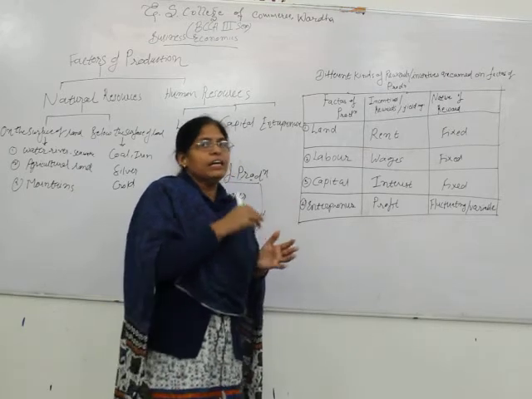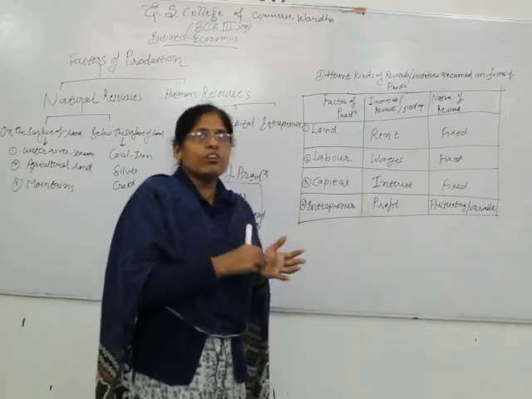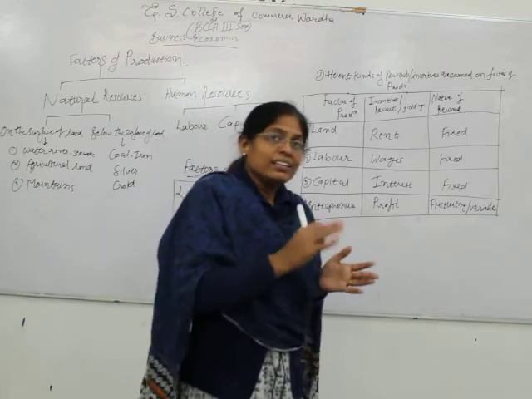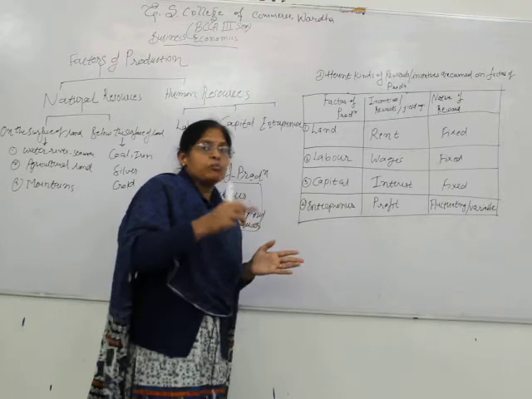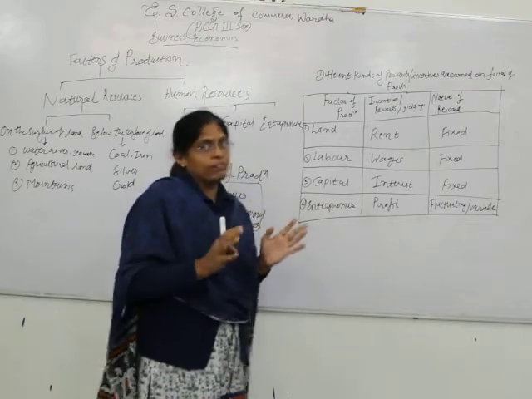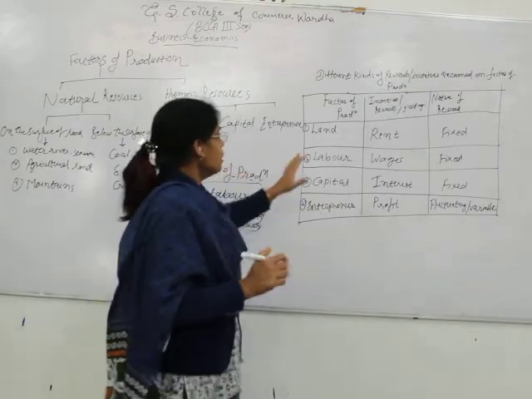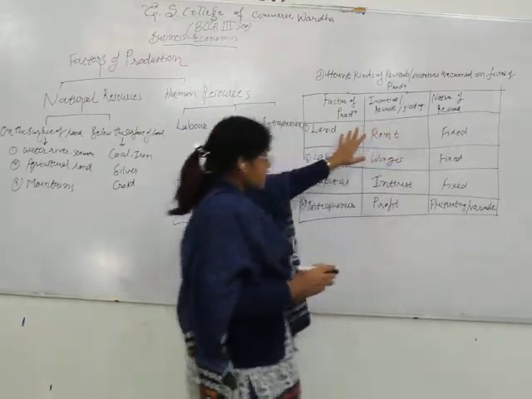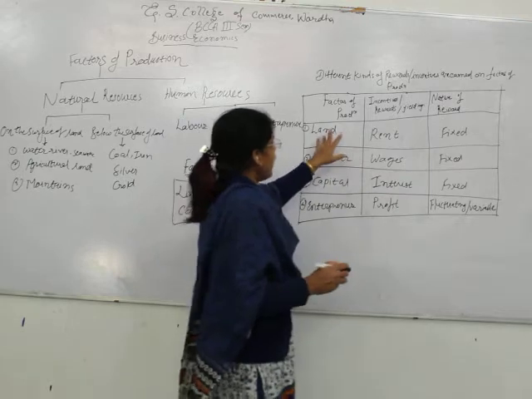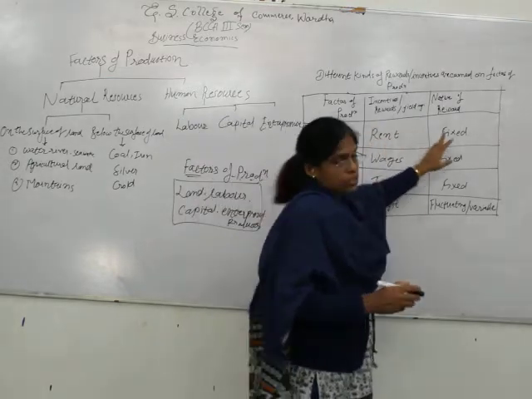If in 2020 you are paying 5,000 rent, then in 2021 you need to pay 10% more of 5,000, so 5,500. That is an example. But the nature of the reward on the land, that is rent, is fixed.